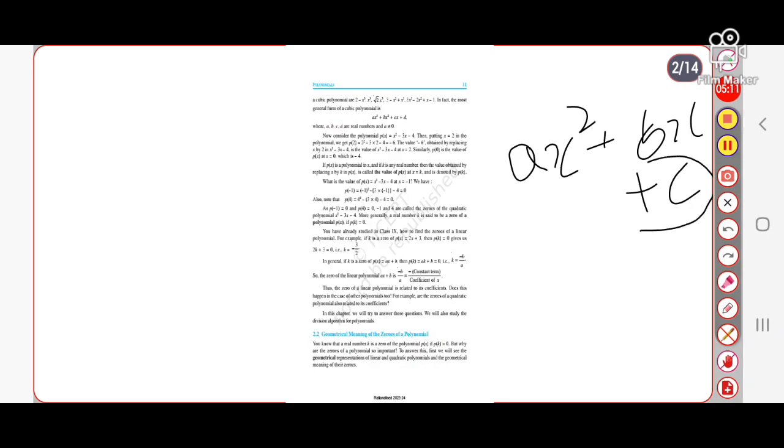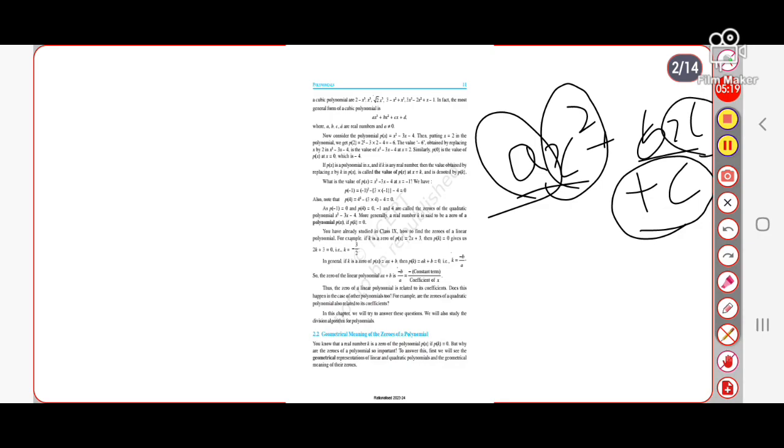We know that for a quadratic polynomial the general form is ax square plus bx plus c, where c is the constant, x square has coefficient a, x has coefficient b, and the highest degree is 2.